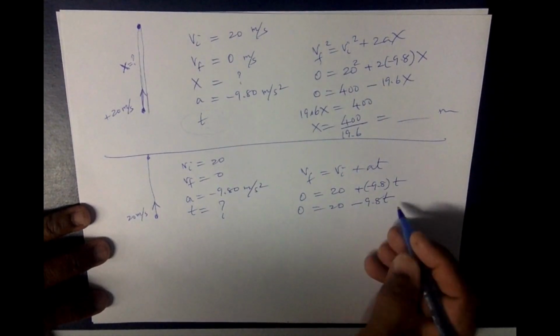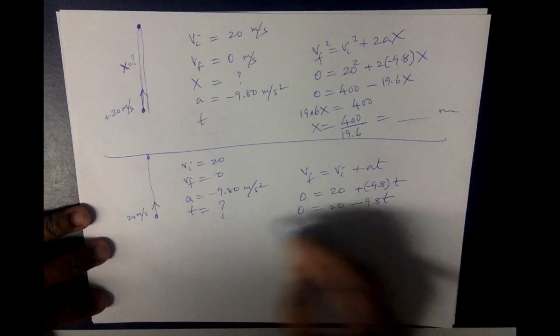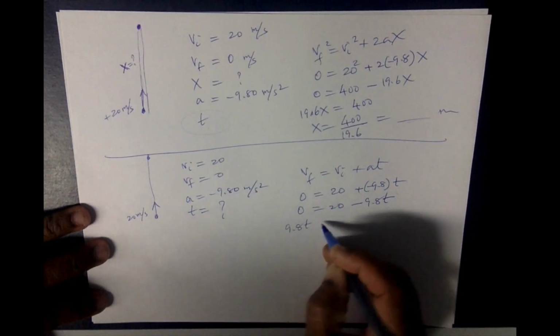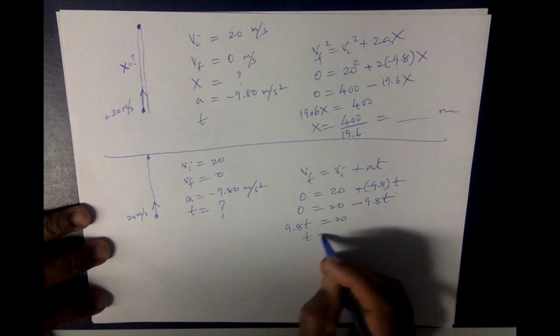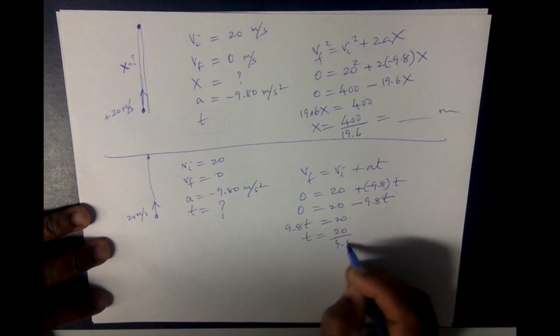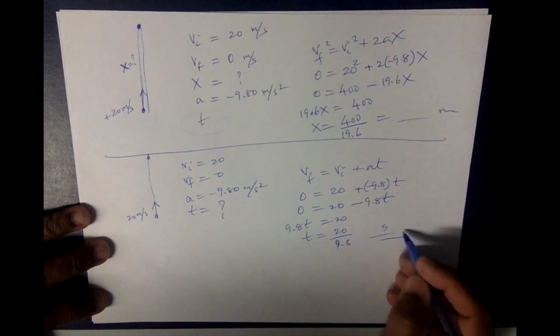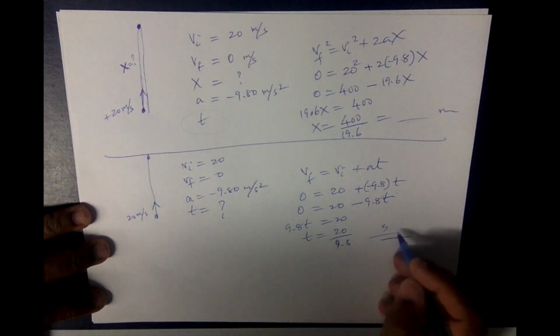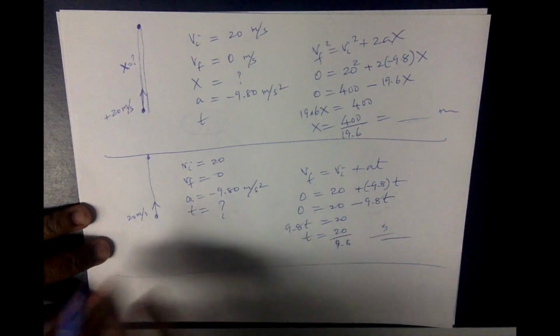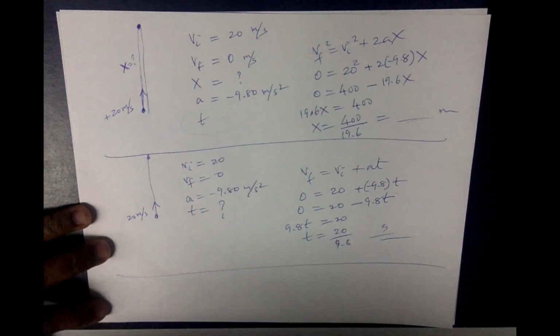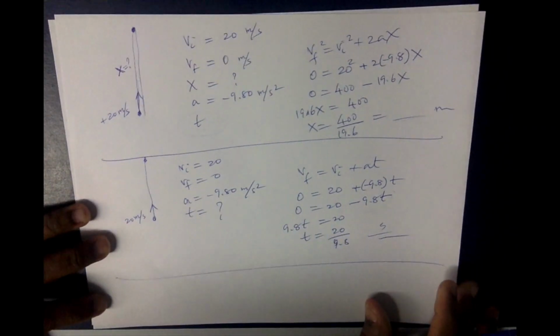This is the whole expression, so add this whole thing to both sides. It becomes 9.8t equals 20. So t is 20 over 9.8 in seconds. You have to simplify this and get the answer, something like 2.1 seconds. So this is pretty much how you do all the problems with different equations of motion and how to tackle these kinds of questions.